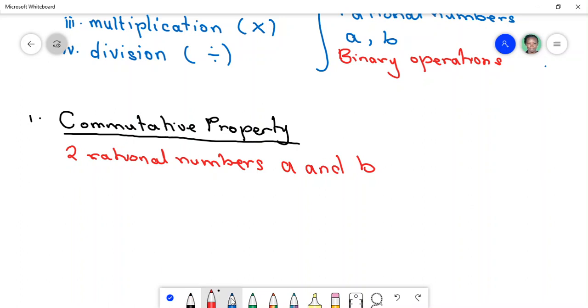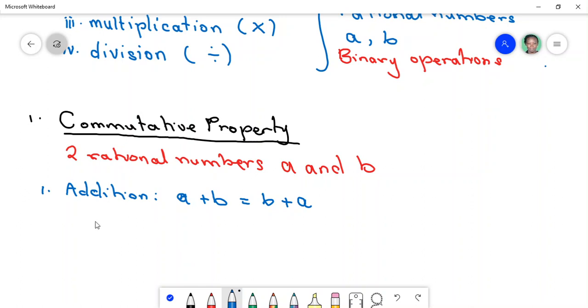We'll look at the operations we have. So we'll first look at addition. Addition says that if I add A plus B and it's equal to B plus A, then I can say it is commutative.